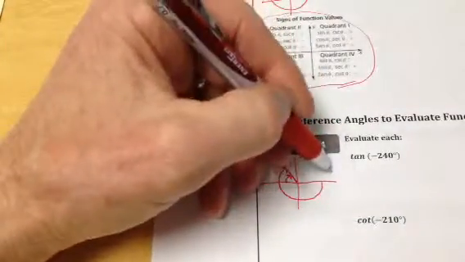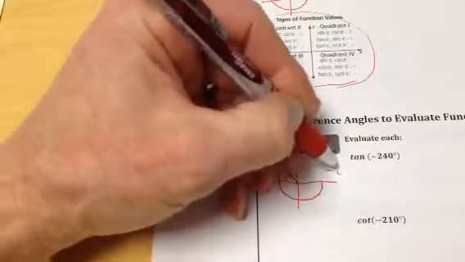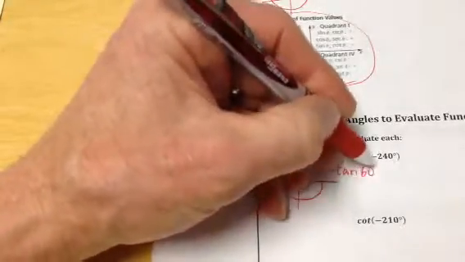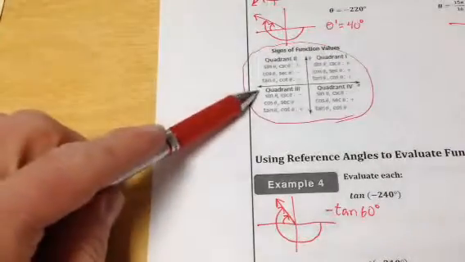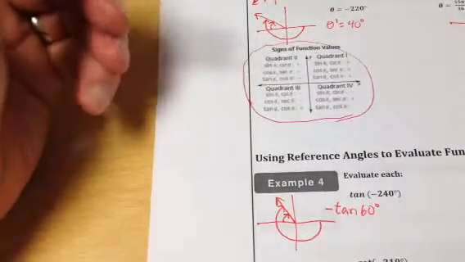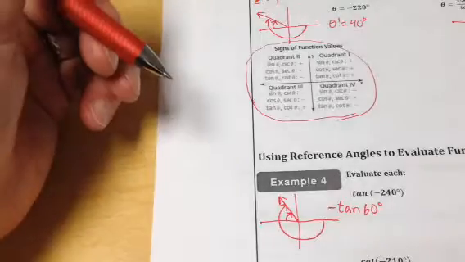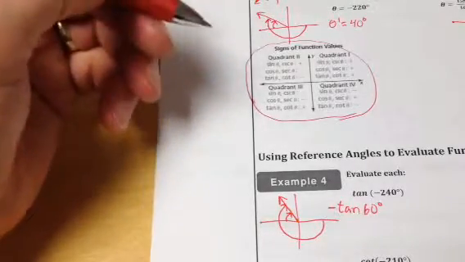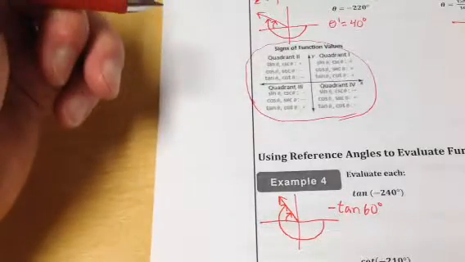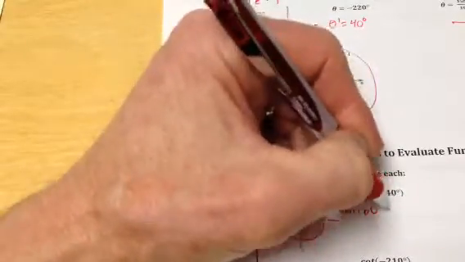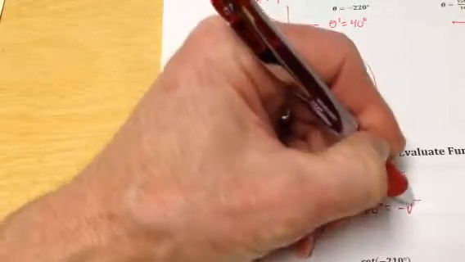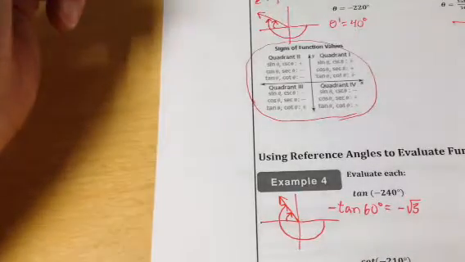So this is going to be the opposite of tangent 60, because from our little reference tool up here we see that tangent in this quadrant is negative. If you remember back from the front page, tangent of 60 is root 3, so the opposite of tangent 60 is negative root 3.